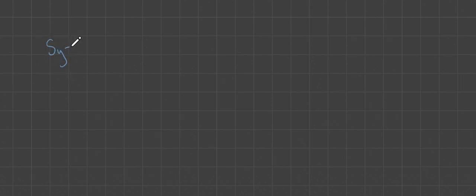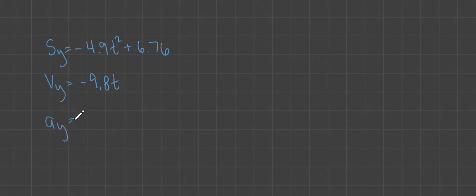We said that the position in the y direction, the equation is negative 4.9 t squared plus 6.76. Its velocity in the y direction is negative 9.8 t, and the acceleration in the y direction is just negative 9.8.